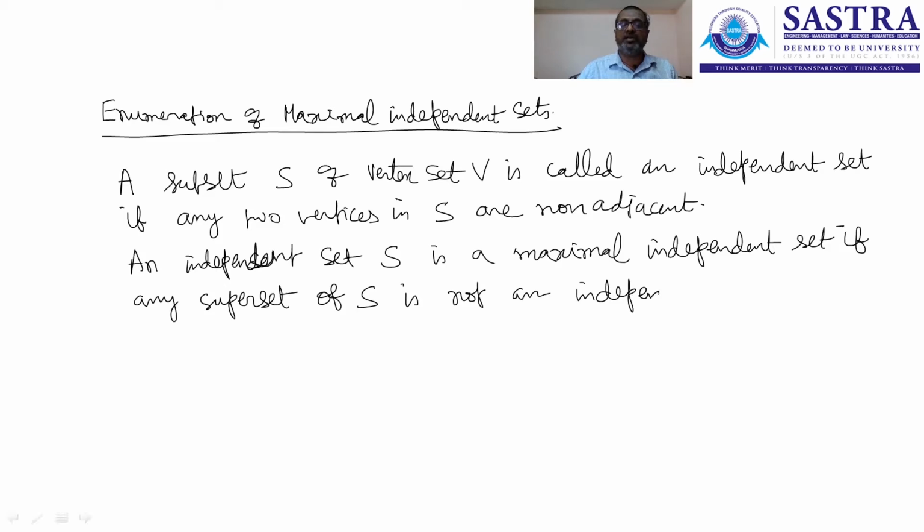Suppose I take S and add an element to S, it should violate the independence condition. Such a set is called a maximal independent set.